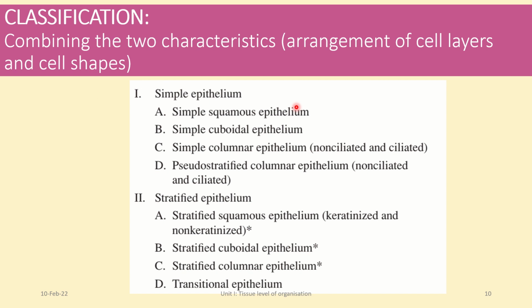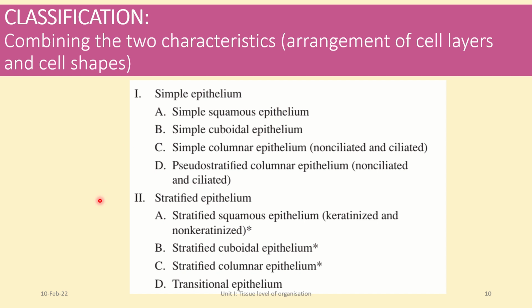The first type is the simple epithelium, whether it is simple squamous, simple cuboidal, simple columnar, whether it is ciliated or non-ciliated, or pseudostratified columnar, whether it is non-ciliated or ciliated. This comprises the first 4 types.